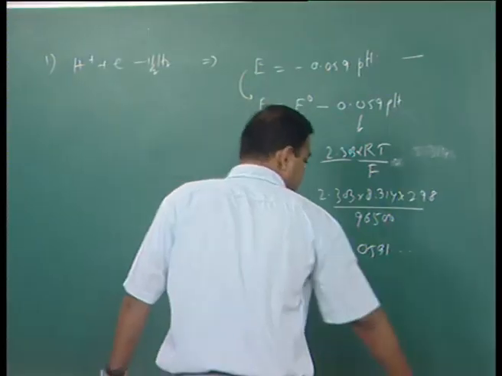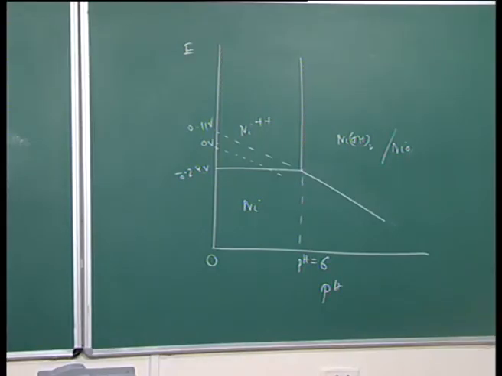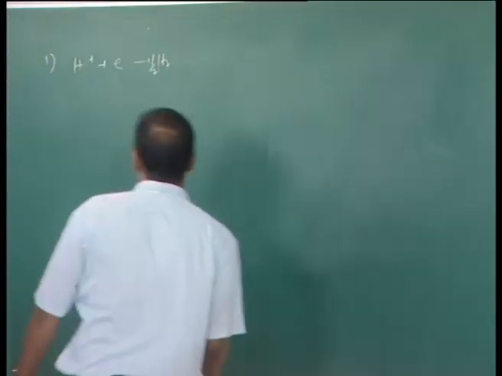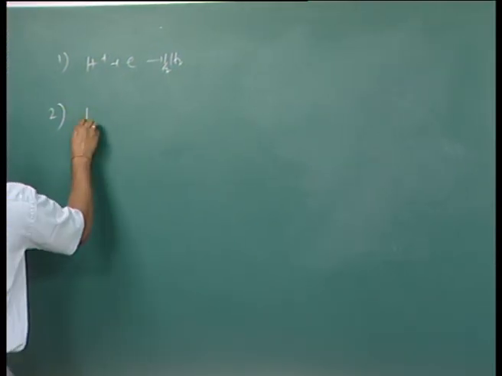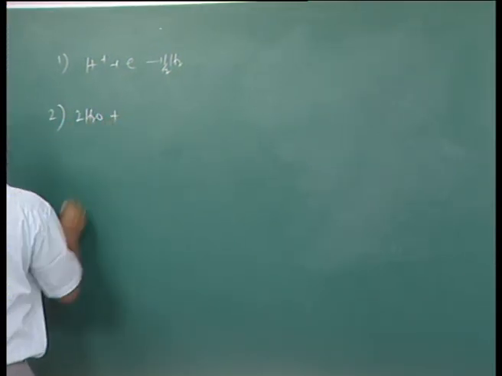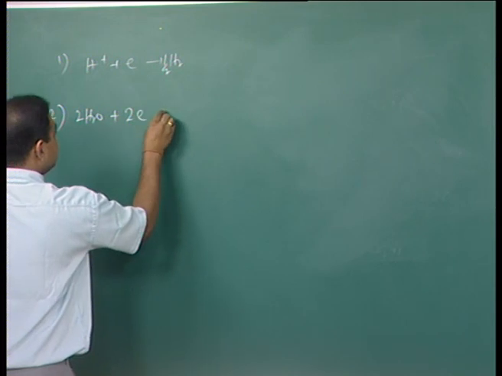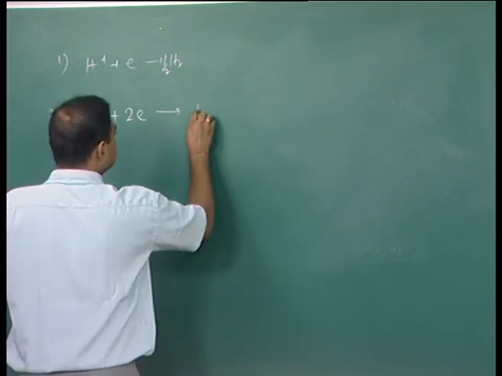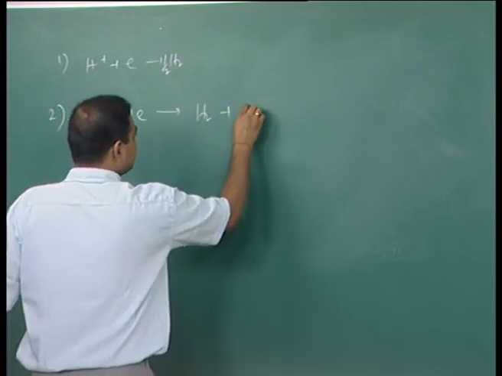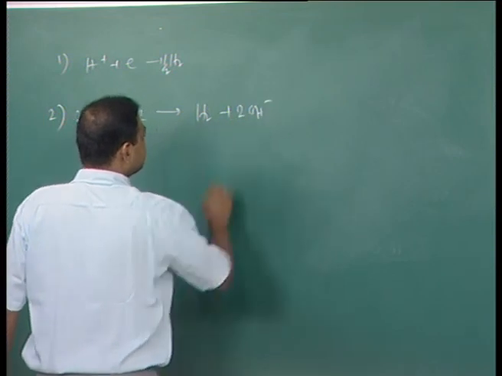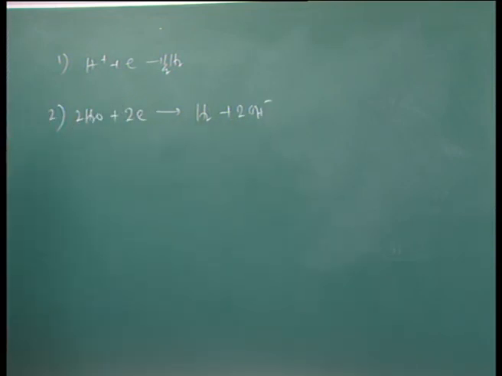Now we start with the next equation, which is H2O + 2e going to H2 + OH-. This is another reduction process, so we start calculating.